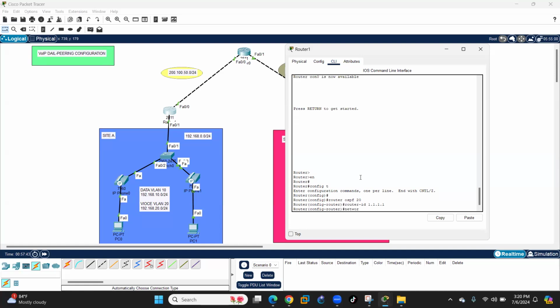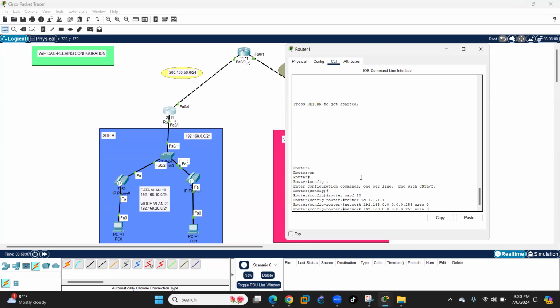What's the next thing? Network 192.168.0.0, wildcard mask 0.0.0.255, area 0.